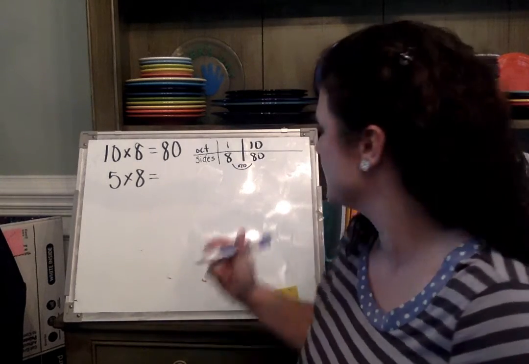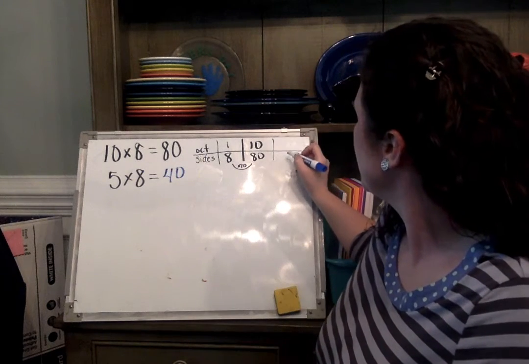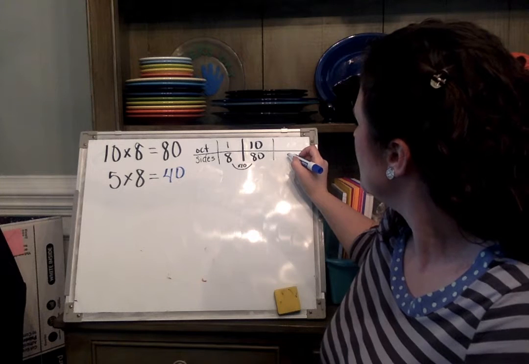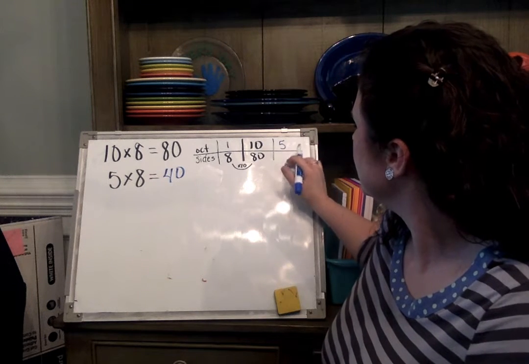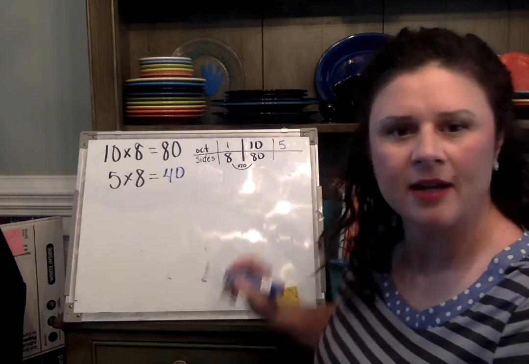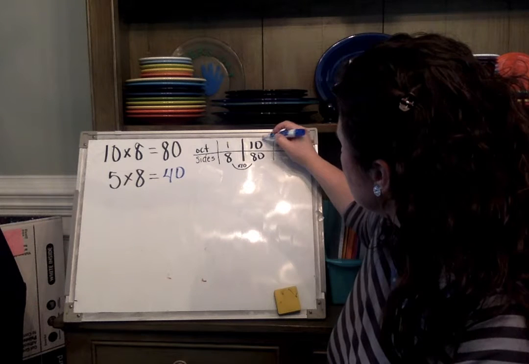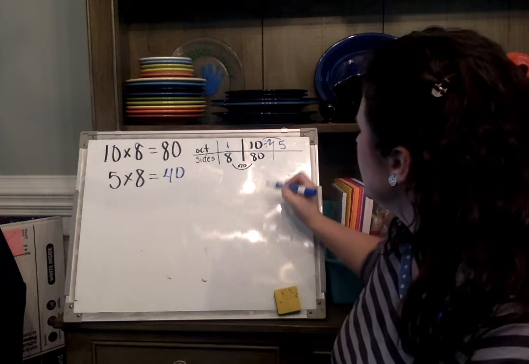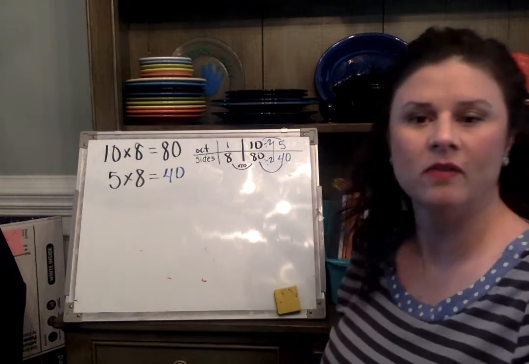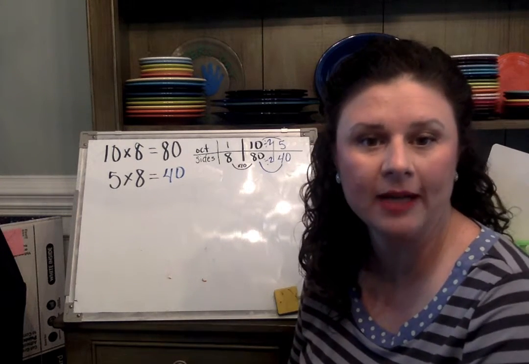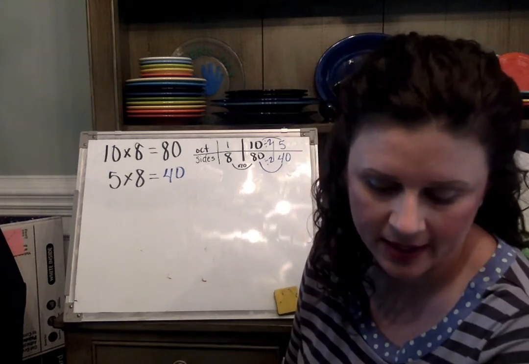Some of you are probably able to solve that quickly and say 40 because you might have been thinking in your head, oh, 5 times 8, hey, 5 is half of 10, so that means I'd be dividing that by 2. If I had 8 and I divided it by 2, I would get 40. Half of 10 is 5, half of 80 is 40.